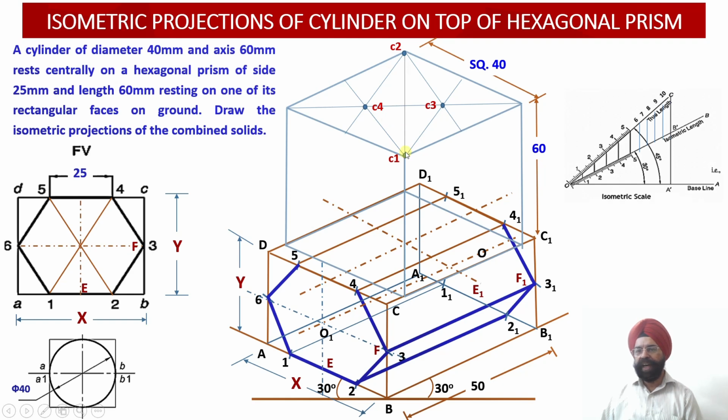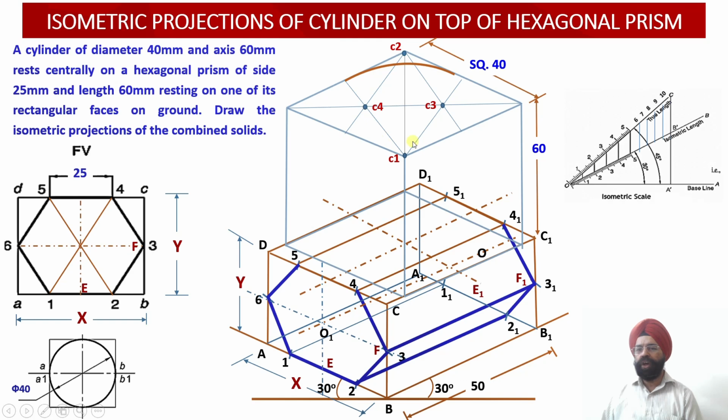So from center 1, please check, I will be taking this radius or this radius. Using C1 as the center point, I am going to draw one arc over here. Similarly, using C2 as the center, radius will be equal to this distance or this distance.